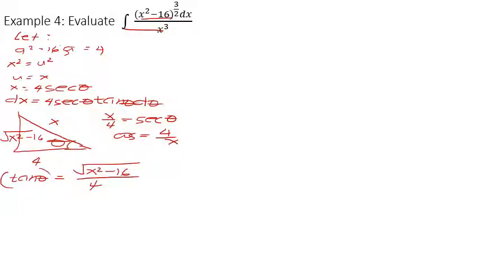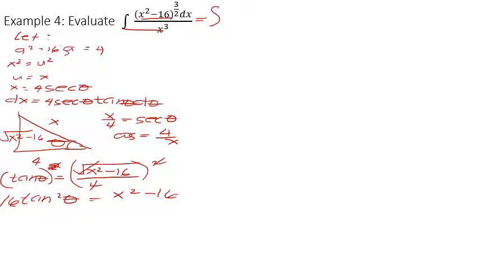And then if I square both sides, we get tangent squared theta equal to x squared minus 16 over 16. So maybe I could do cross multiplication right away. So I have 16 tangent squared theta is equal to x squared minus 16.